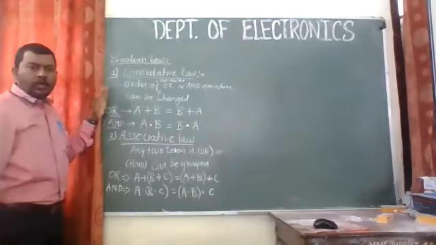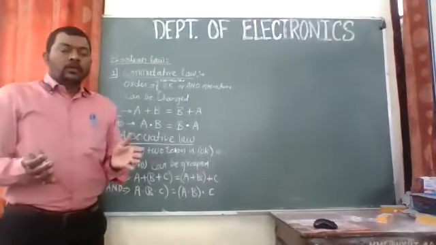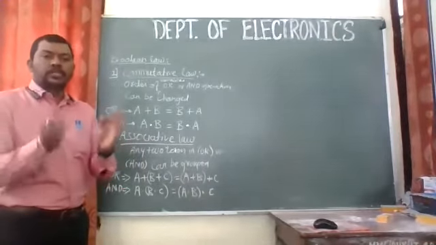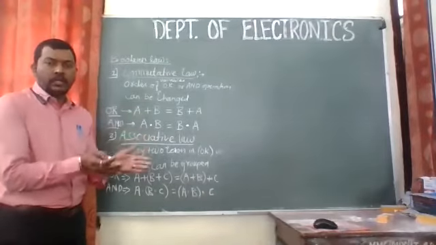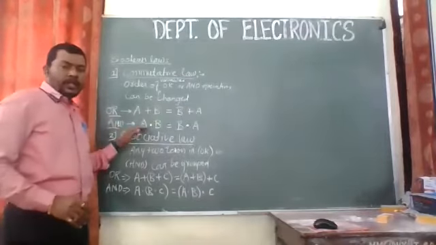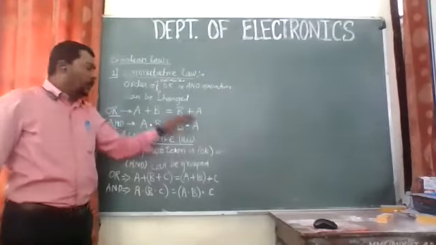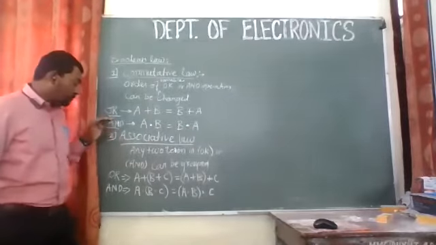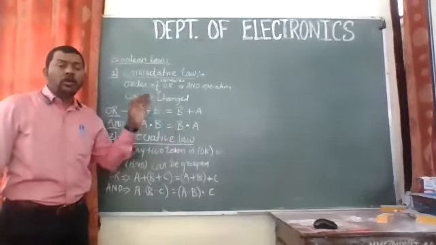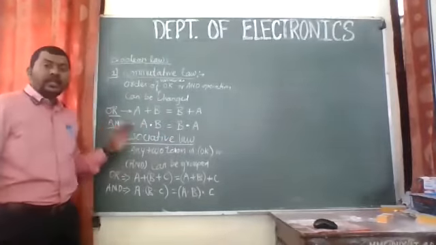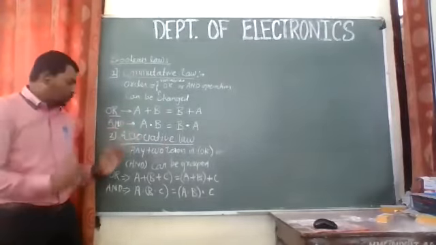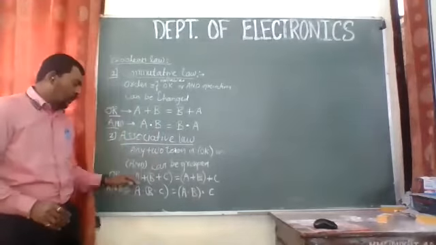The first one was the commutative law, in which we are saying that the order of the variables in sum or product operations can be changed to any position. So A plus B can be written as B plus A. Similarly, A dot B can be written as B dot A. And in the associative law, any two variables in sum or product operations can be grouped anytime, and they will be the same.